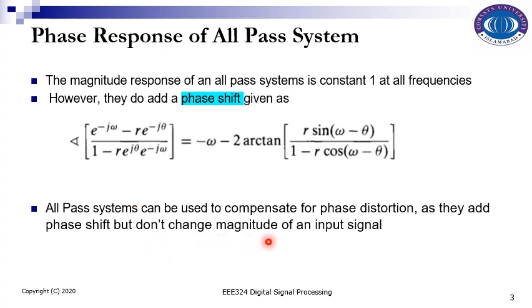So if we want to just compensate for a certain phase or delay being introduced, then we can pass a signal which has undergone some phase distortion through this all pass LTI system, and the all pass system won't change the magnitude of the signal, but it will just introduce a delay or a phase shift. In this way we can use all pass systems to compensate for phase distortion.